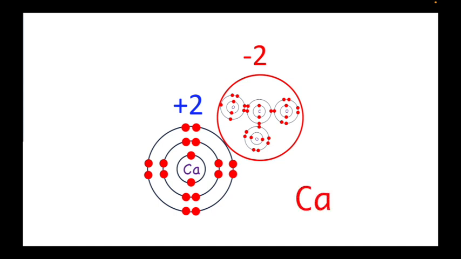Let us look closely. The bond between calcium and CO3 as a single molecule is an ionic bond, but between C and O within CO3 is a covalent bond. That means this element is a mixture of ionic and covalent bonds.